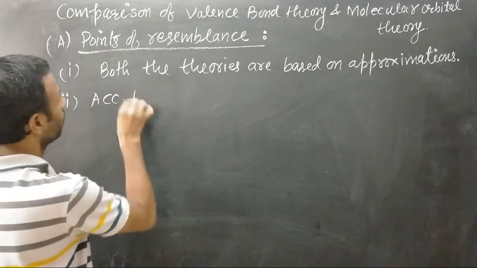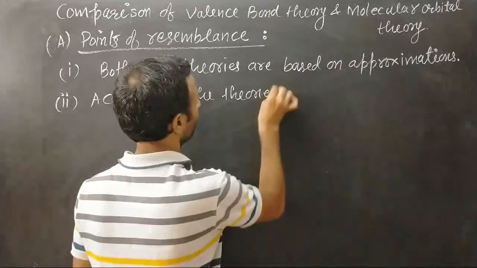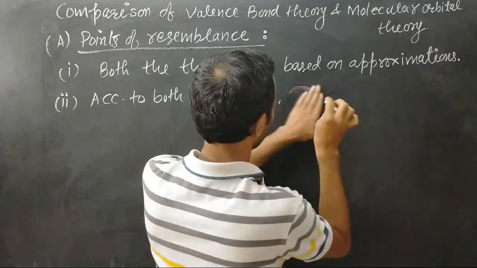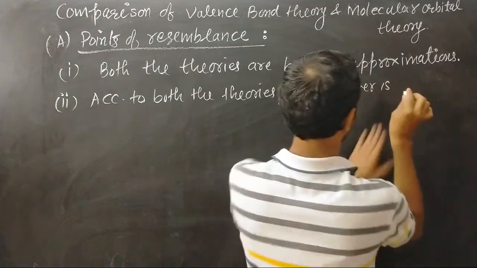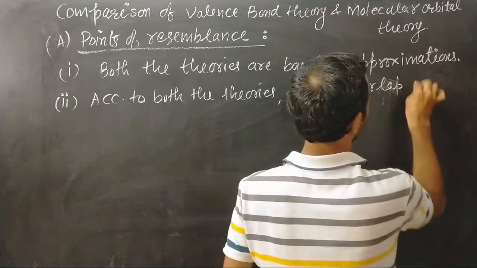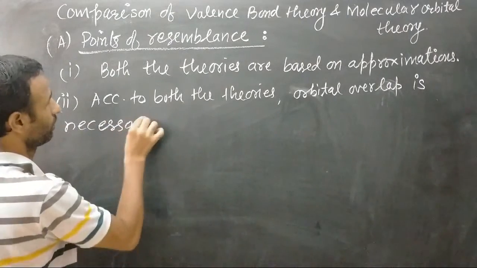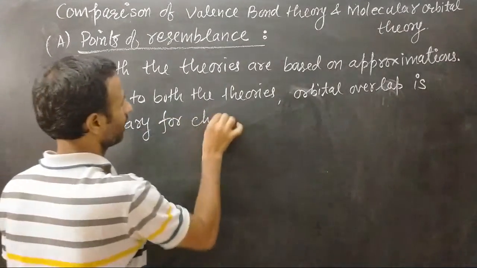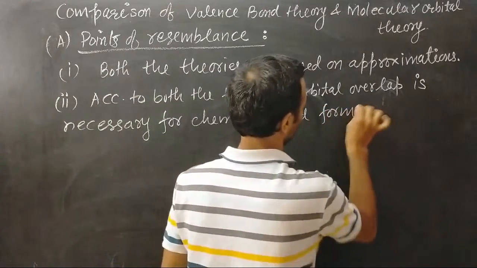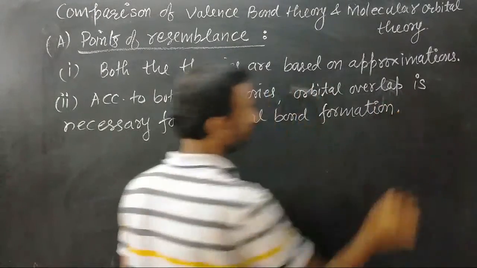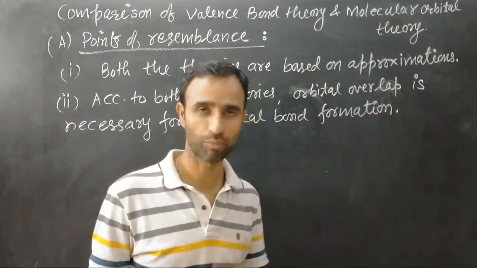According to both the theories, orbital overlap is necessary for chemical bond formation. Orbital overlap is necessary in both the cases.